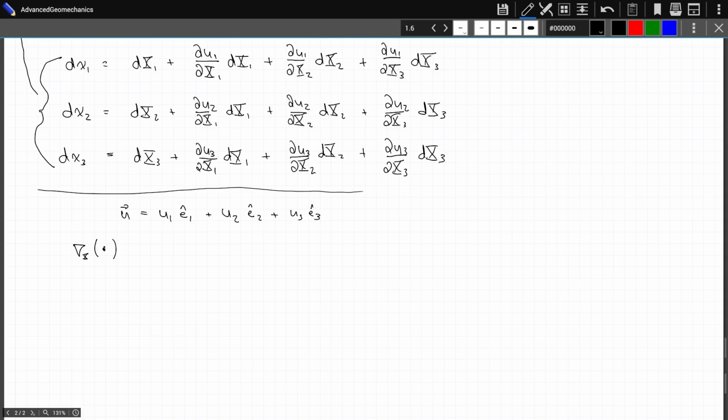For anything, this notation where I just have parentheses and a dot means whatever I'm going to stick in there, then this is what the operator is going to do. So no matter what I stick in there, the definition of a gradient is this.